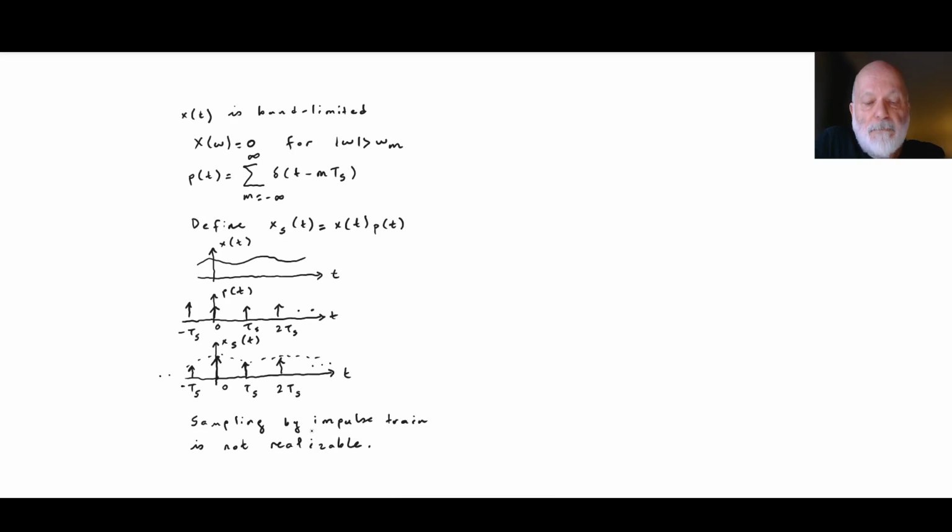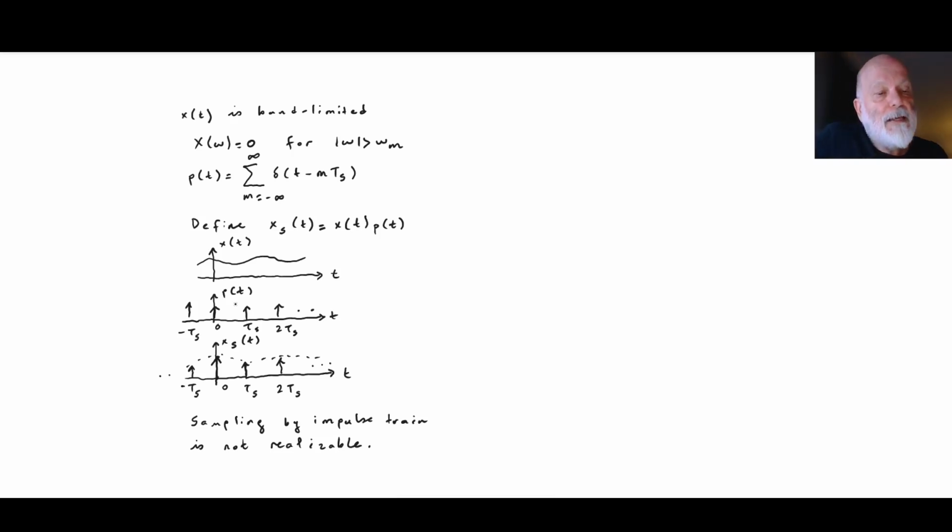At each sampling instant, by sampling instance we mean all those positive and negative time instants, that means 0, ts, minus ts, 2ts, minus 2ts, etc. We define a signal which is called the sample and hold signal, or zero order hold signal.